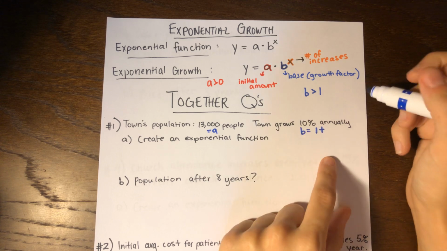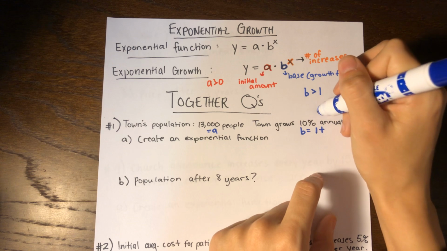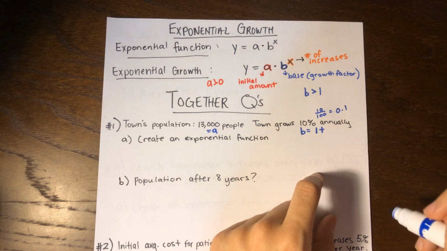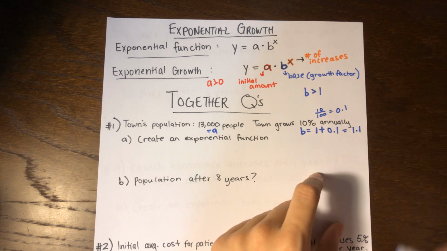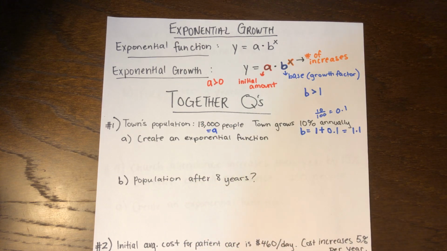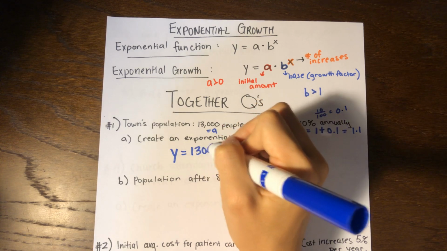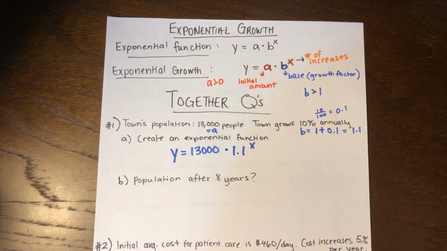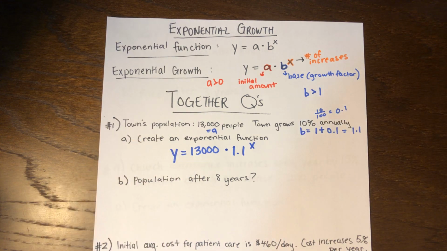So if we do 10 divided by 100, we get 0.1. You need to convert it to a decimal to add it. So B is going to be 1.1. So we have A, 13,000, B, 1.1. So y equals 13,000 times 1.1 to the x power. That's what we're doing for A, we're just creating the exponential function.